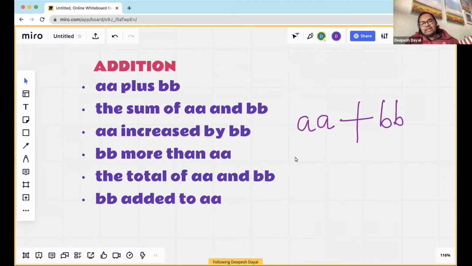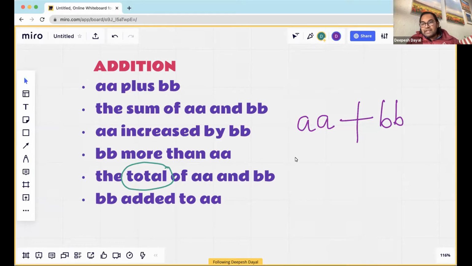A is increased by B. So obviously if A is increased by B, we're going to add B to A. B more than A, so we have A plus B. Another word that we use to describe addition would be the total of A and B.